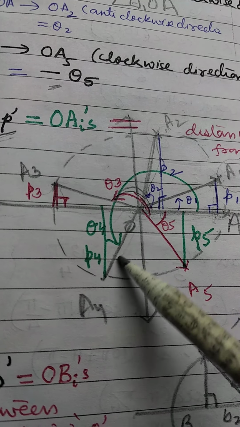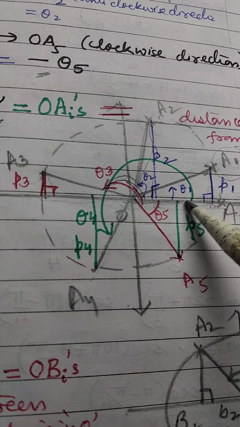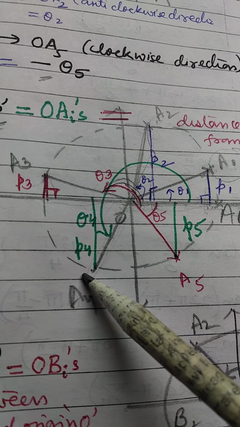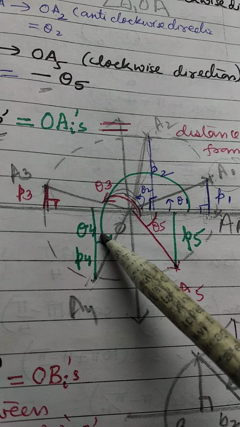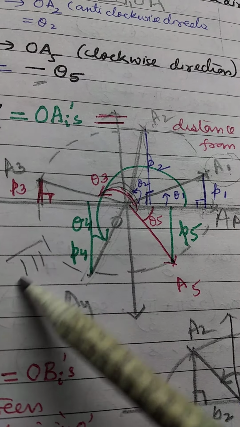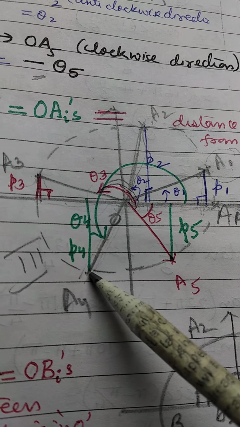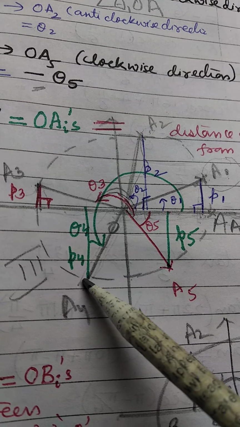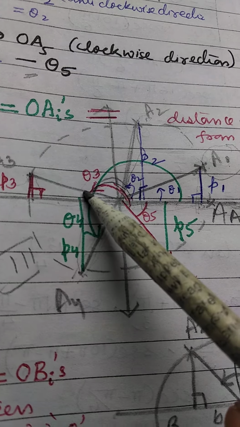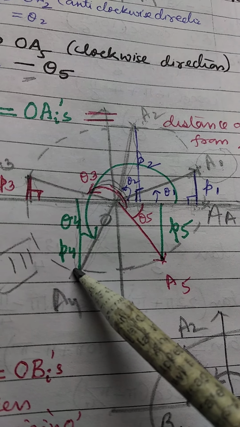Likewise, for this position, the position is for angle theta 4, that's from OX to this line segment OA4. It's theta 4, which happens to be in the third quadrant. That is greater than 180 degree, less than 270 degree. For P, drop a perpendicular from A4 onto the initial axis. So this length is P4.